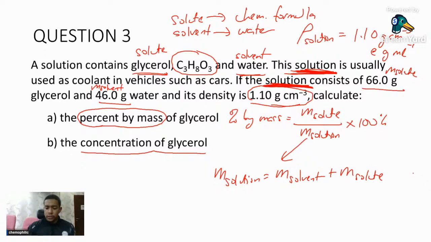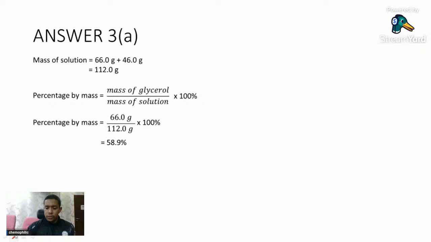So if you can see from the solution that I'm giving you here, I calculate the mass of solution first, which is I add both of these. 6.6 gram, this is the mass of our solute, plus this is the mass of our water, 46. So we got mass of solution is 112 gram.